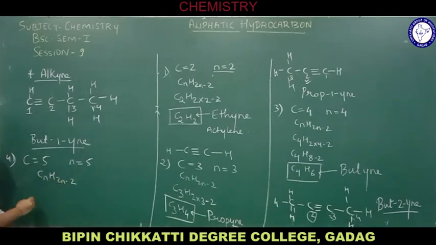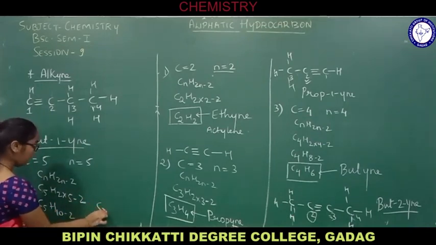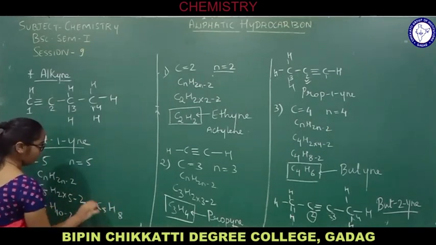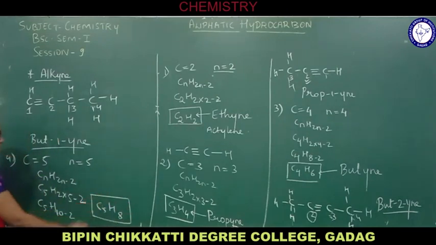So let's substitute over here: C5H2 into 5 minus 2. So it will become C5H10 minus 2, so this becomes C5H8, since 10 minus 2 is 8. This is the molecular formula for the next member.